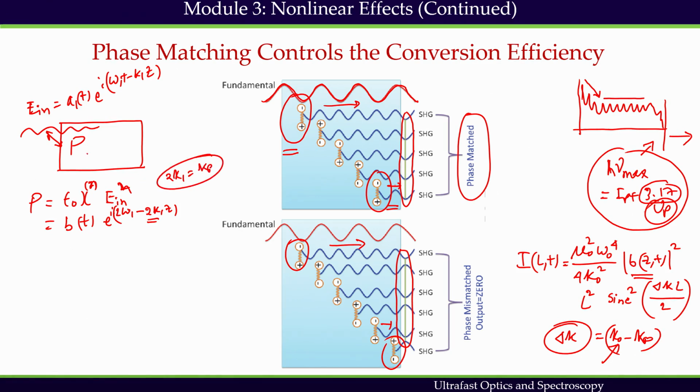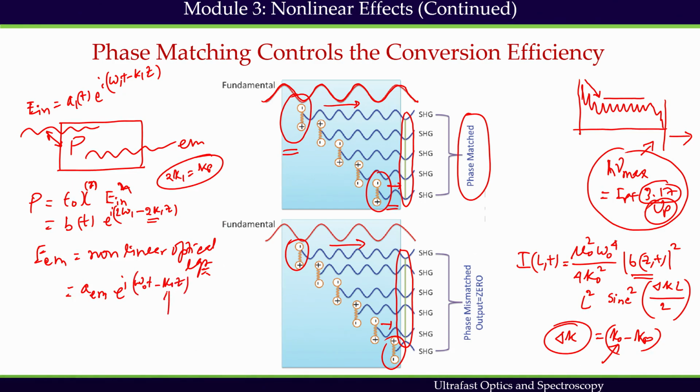And then due to this polarization, I have created a new emitted beam, that is E emitted, and that is related by the nonlinear optical equation we have written previously. And that can be written as A emitted beam, then e to the power i(omega naught t minus K naught z).